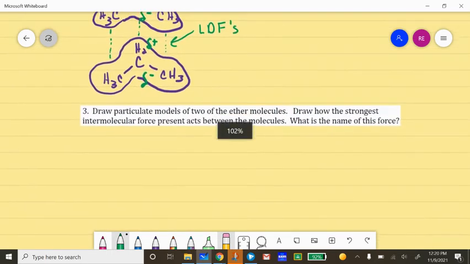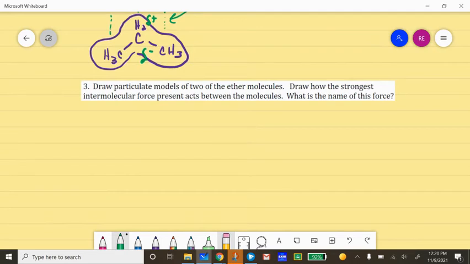Now, the one underneath of it says, draw a particulate model of two ether molecules. Draw how the strongest intermolecular force present acts between the molecules, and what is the name of this force. So for ether, we said it fit under dipole-dipole.